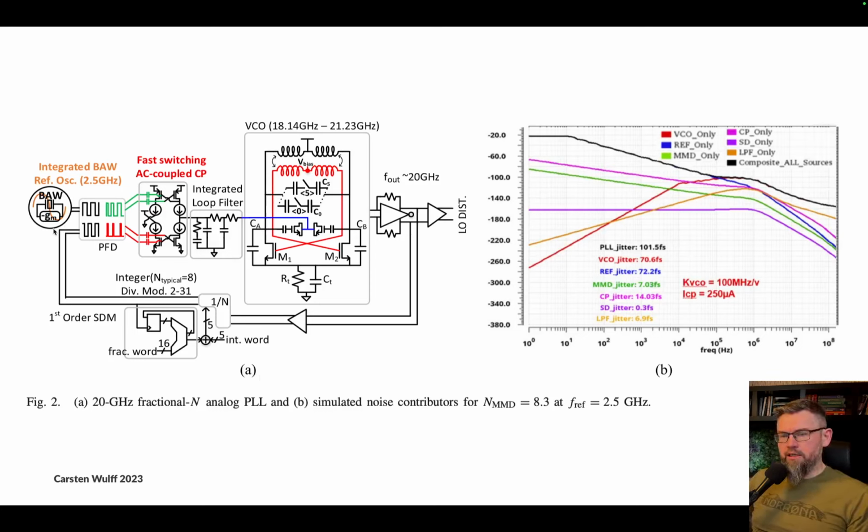So in this case, we actually have a bulk acoustic wave oscillator that gives us the reference frequency that feeds into some sort of phase detector. It feeds into a charge pump, pumping up and down, and here you can actually see the current is also led to ground and VDD.